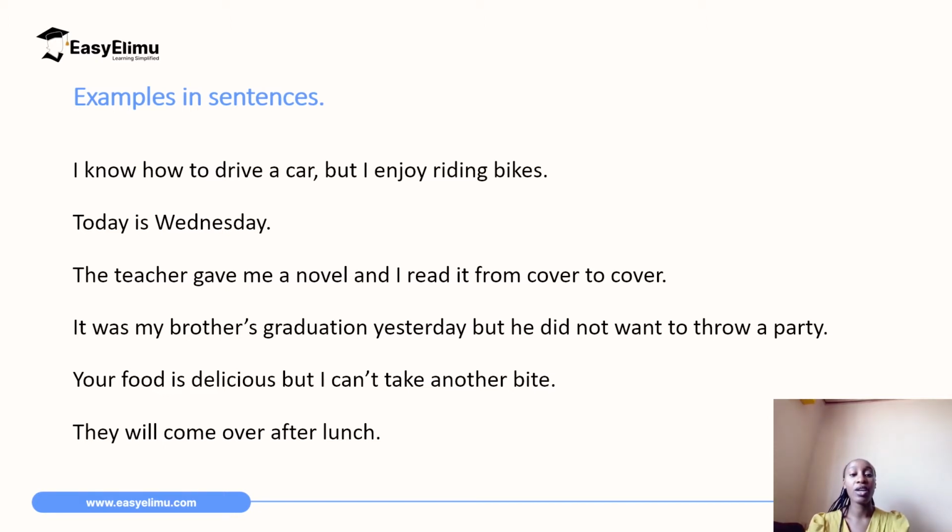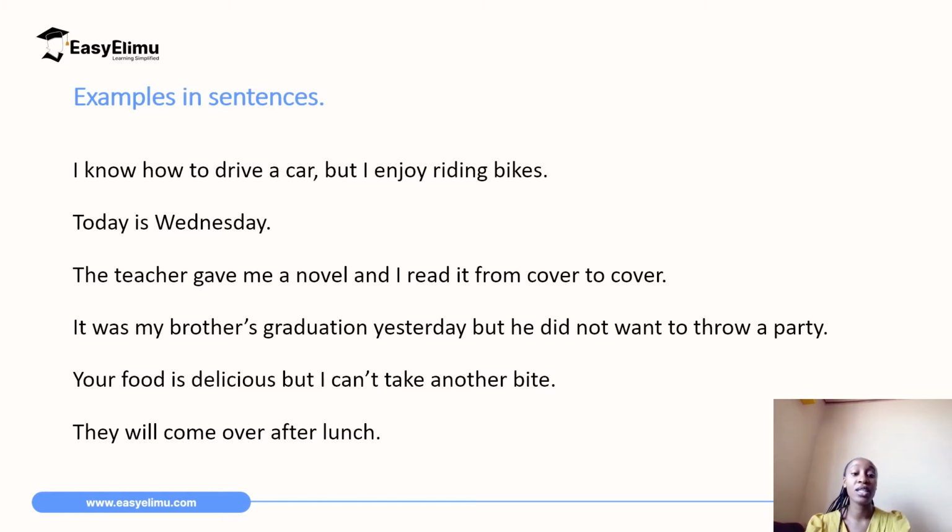So I know how to drive a car is an independent clause. But I enjoy riding bikes. That part of the sentence cannot stand on its own. It does not make sense on its own. So it is not an independent clause.